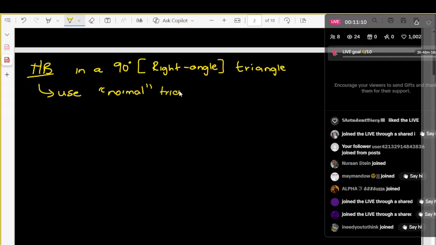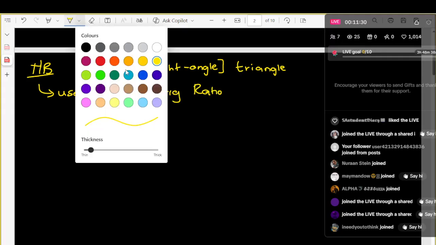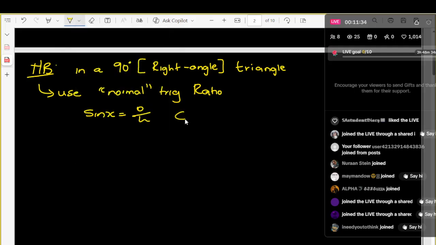Remember, the normal trig ratios that I'm referring to, it's like saying sine x is equal to opposite over hypotenuse. So the sine is opposite over hypotenuse, and we have the cos.